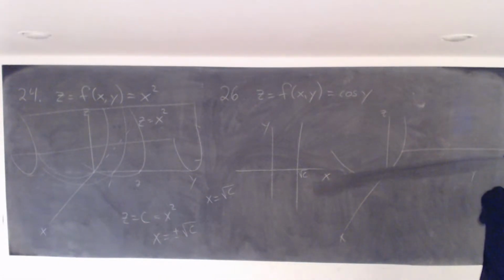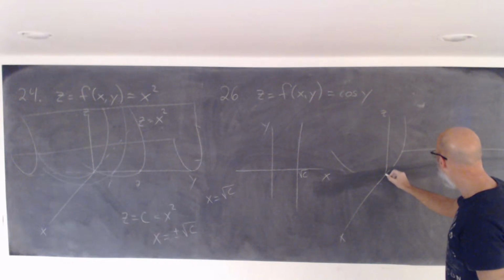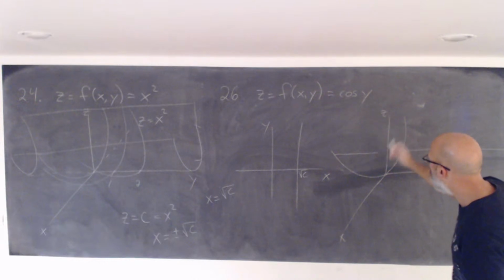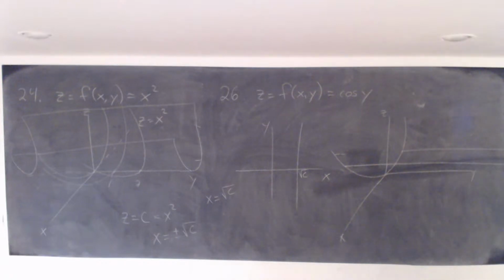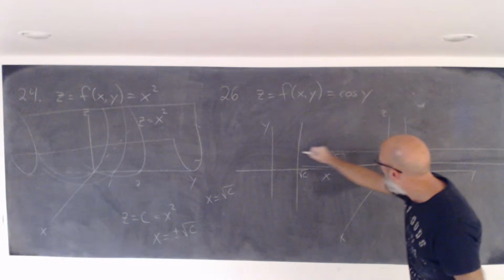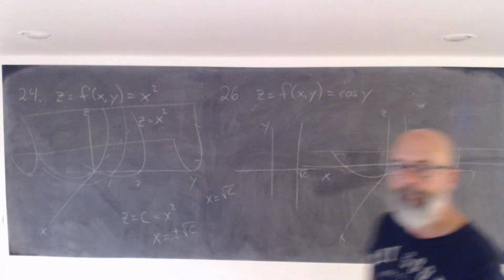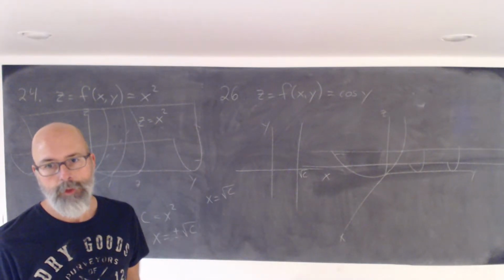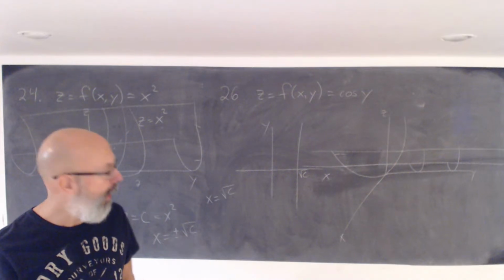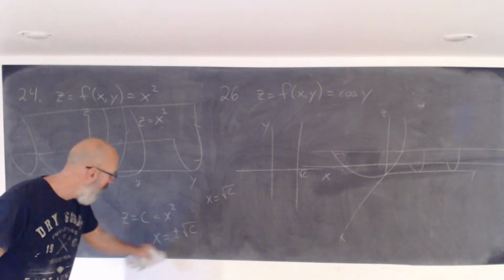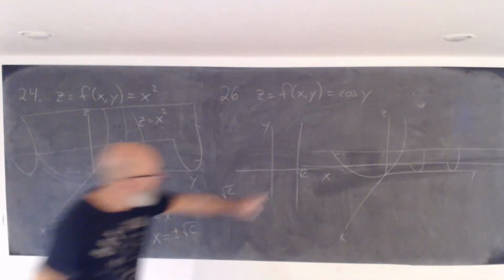to the y-axis. Yeah, so as Renji suggests, we should connect these parabolas with x squared equal to c, or x is plus or minus root c, which are really just straight lines.